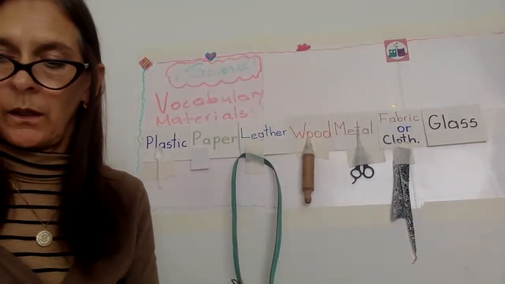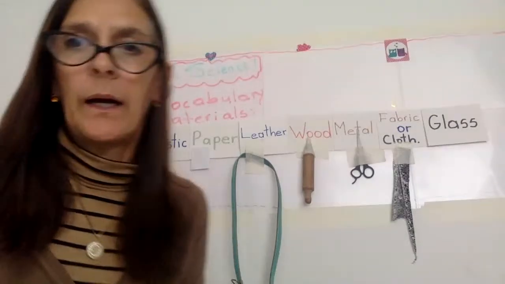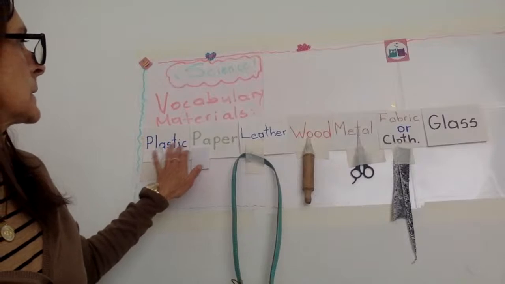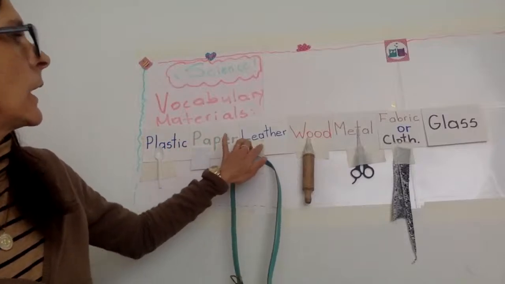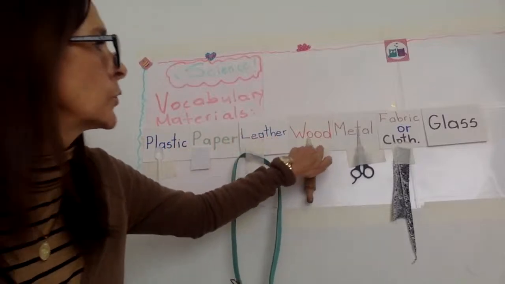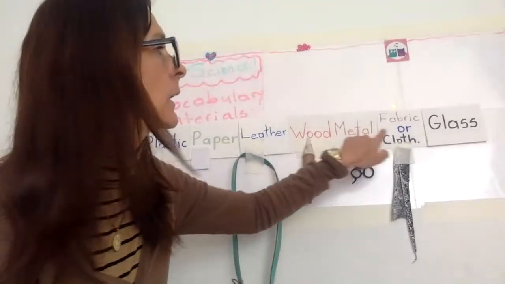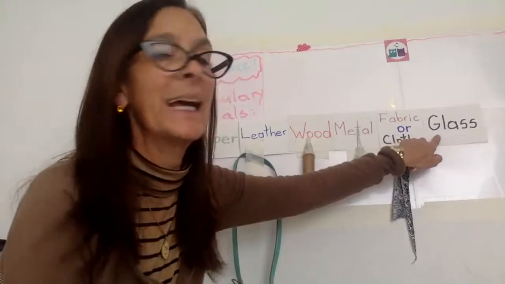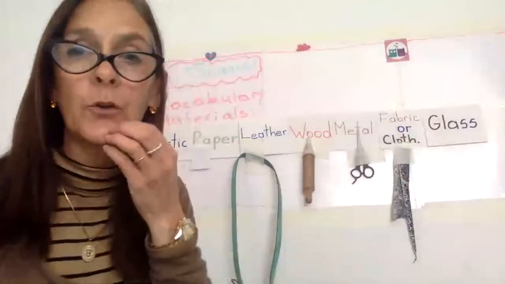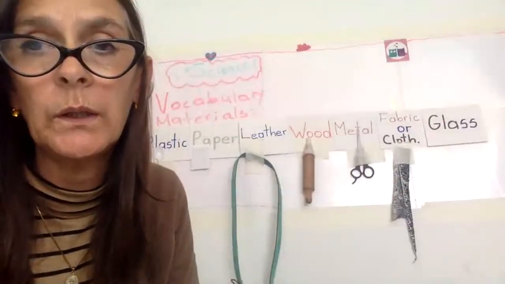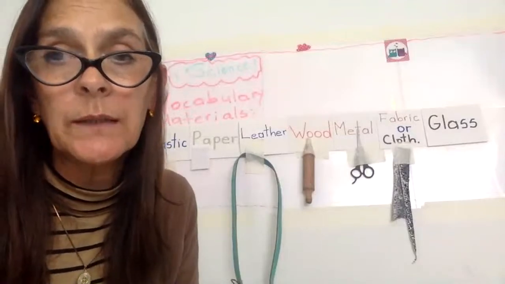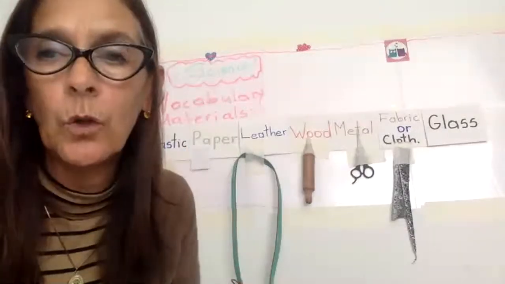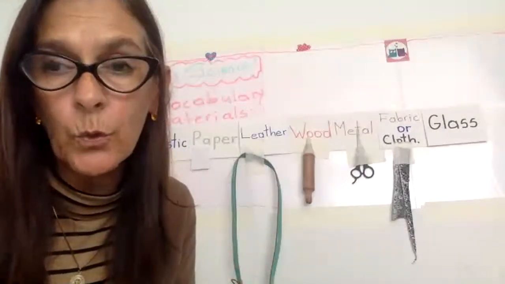So, let's review. I want you to pick up plastic, paper, leather, wood, metal, fabric or cloth, and glass. Now, you know that when we are doing a science activity, we use our notebook of the squares.